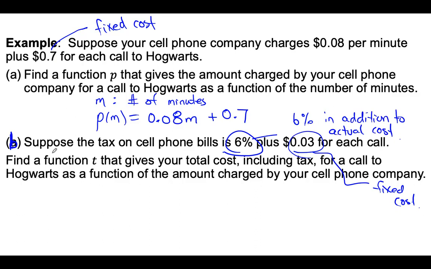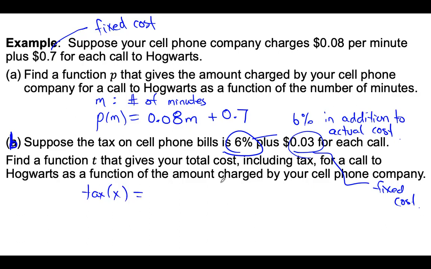So it's first just good to slow down and read these word problems. Find a function T that gives your total cost, including the tax, for a call to Hogwarts as a function of the amount charged by your cell phone company. So the tax, let's call it T, is going to be a function of x, and it's at 6%.